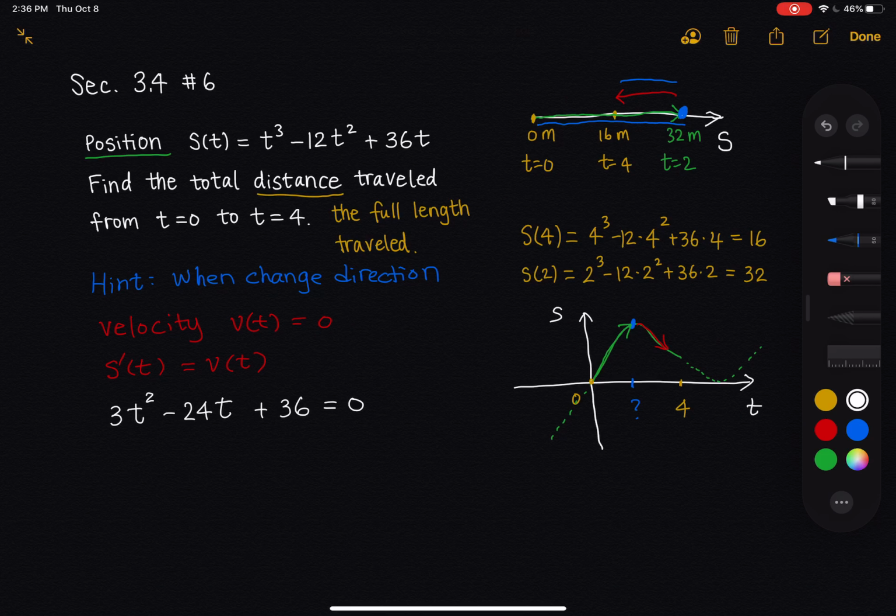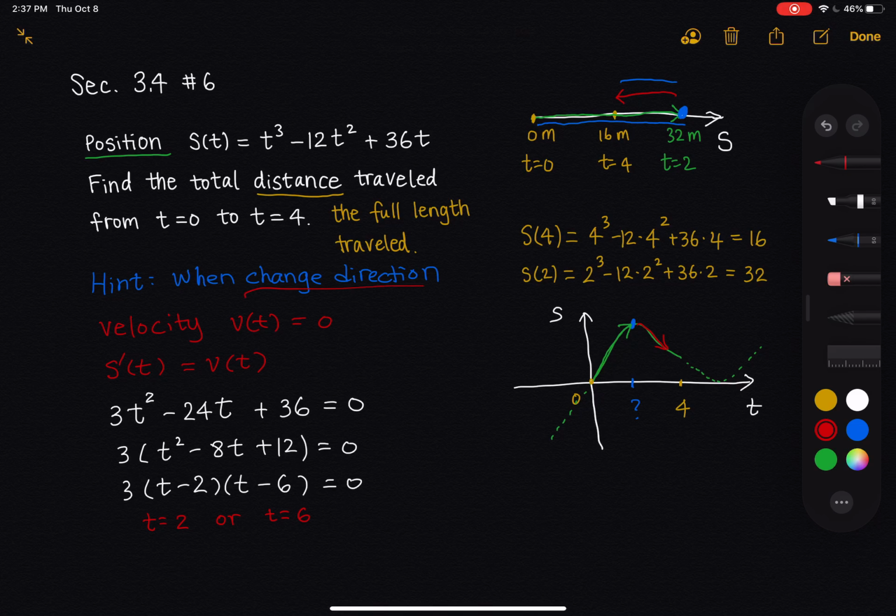Solving this polynomial, you factor out the 3 and get t squared minus 8t plus 12 equals 0. Then you think about the factoring: t and t, what two numbers multiply to 12 and add up to negative 8? Those two numbers are negative 2 and negative 6. So it tells us that when t equals 2 or t equals 6, the particle changes direction.